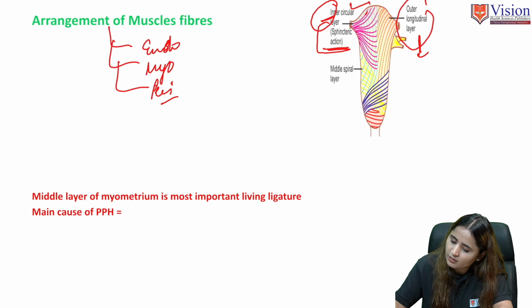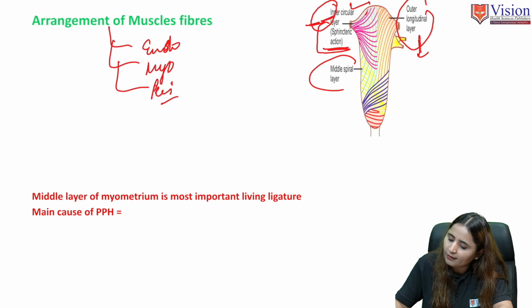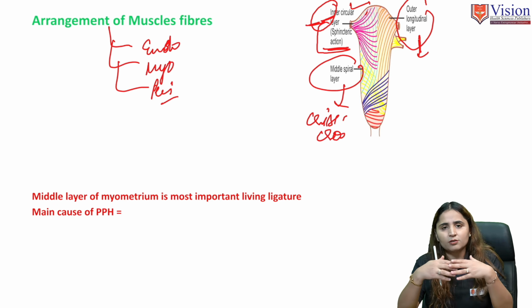So outer longitudinal, inner circular, and the middle layer is arranged in a crisscross manner. You can see here it is arranged in a crisscross manner.